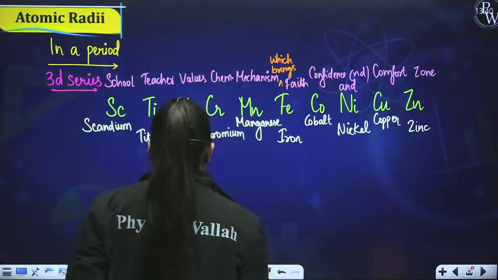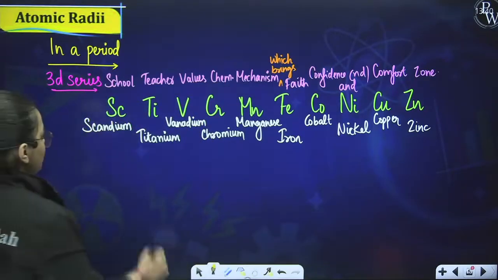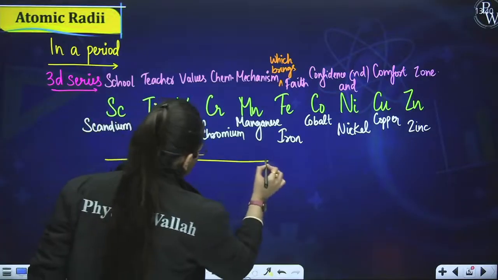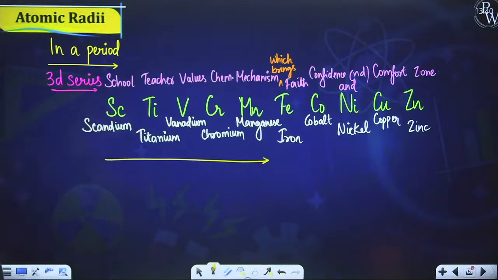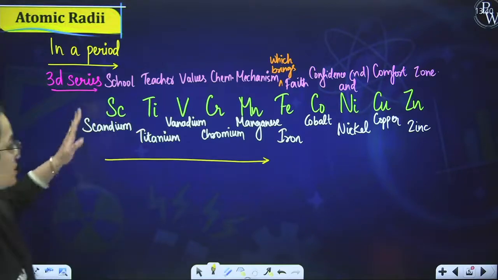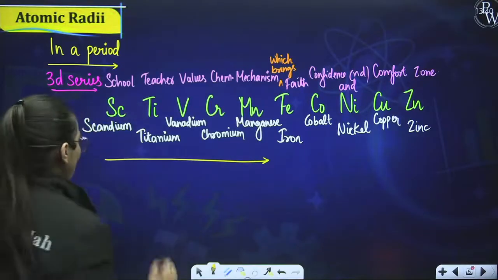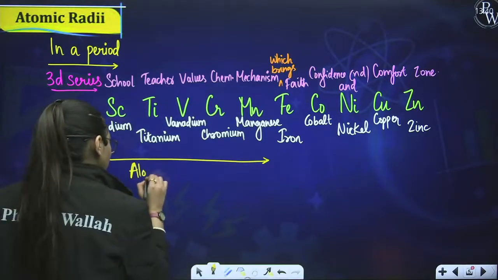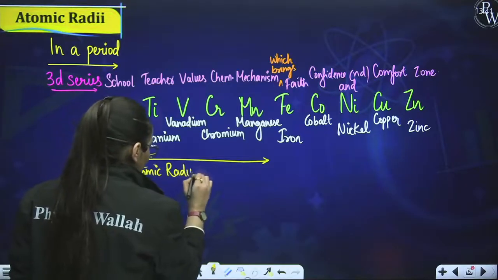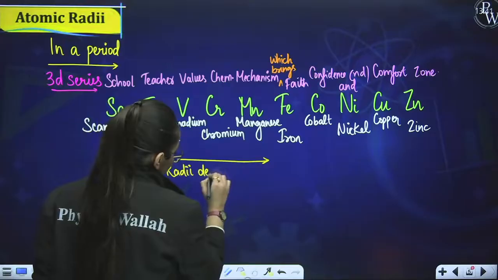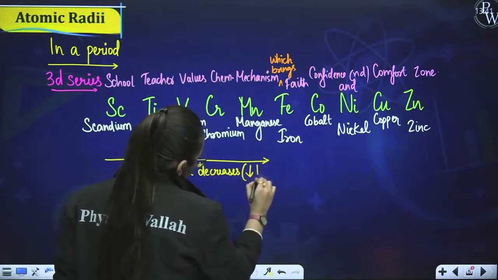Now students, moving on, if I have to tell you about the atomic radii, see what happens when you move from scandium towards manganese, not magnesium, towards manganese. When you are moving from left towards right, the atomic radius decreases. Now I shall be using a decrease symbol like this.